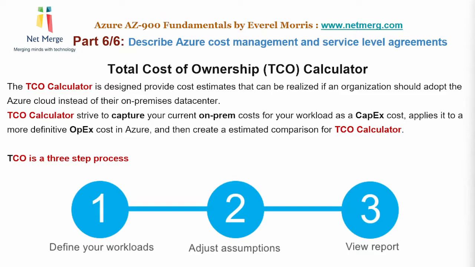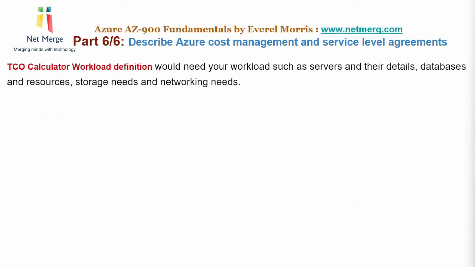So you want to understand your workloads as is right now on premises, capture them, and then decide what resources you're going to need in the cloud. Now you're going to make your assumptions and keep tweaking and adjusting them. And once you're comfortable with your assumptions and adjustments, then you're going to move over to generate your report so you could get an understanding of what the different options and costing would be when you move into the cloud.